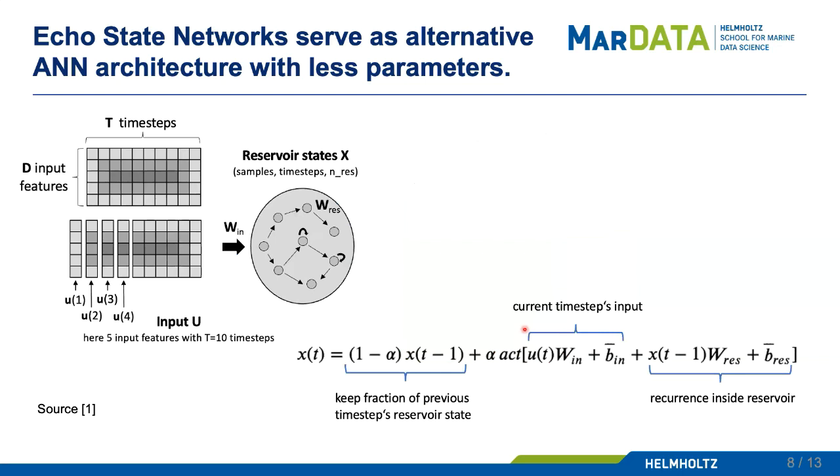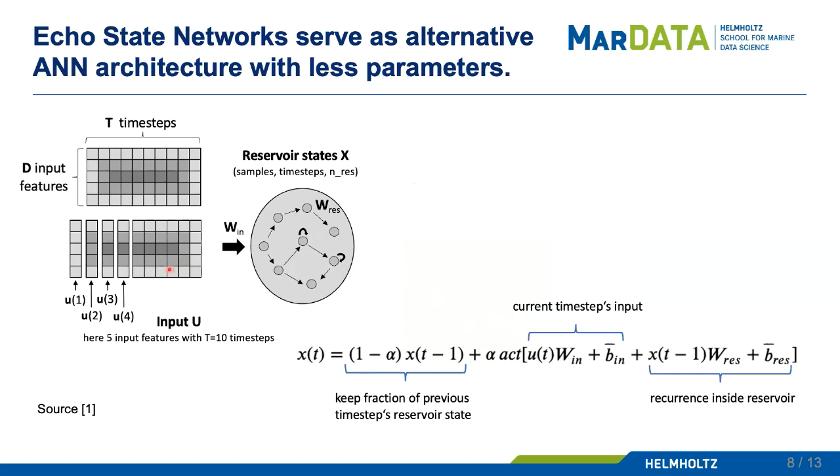Echo state networks are actually designed for time series forecasting. So usually we have a bunch of time series as input features over a certain number of time steps. But I wanted to use them on two-dimensional image data because I have these sea surface temperature anomaly fields as inputs. So to do that, I need to transform one dimension into a time dimension.